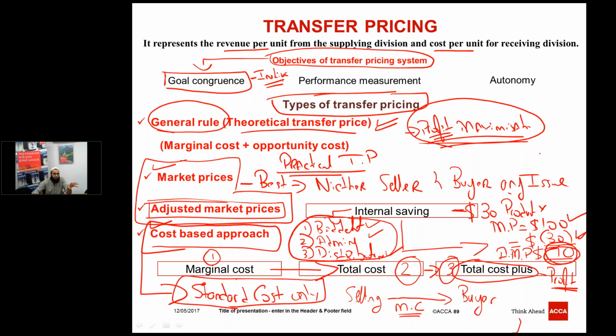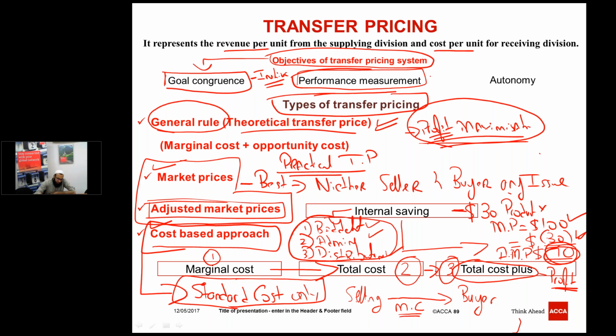And how will it be done? If every manager tries their best, works ethically on a fair basis and improves their division's profits, that will ensure the group profits are maximized, and that in turn will ensure goal congruence. The second purpose of the transfer price is to ensure fair performance measurement.